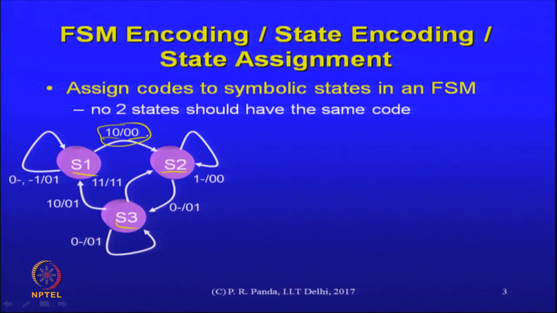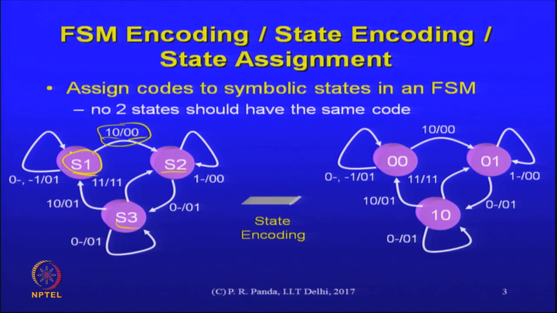What do we mean by assign codes to symbolic states? Yeah, so what do we do to this FSM to encode the states? Some binary code. Yeah, you replace these symbolic names with some codes, right, so 0 0, variable 0 1.